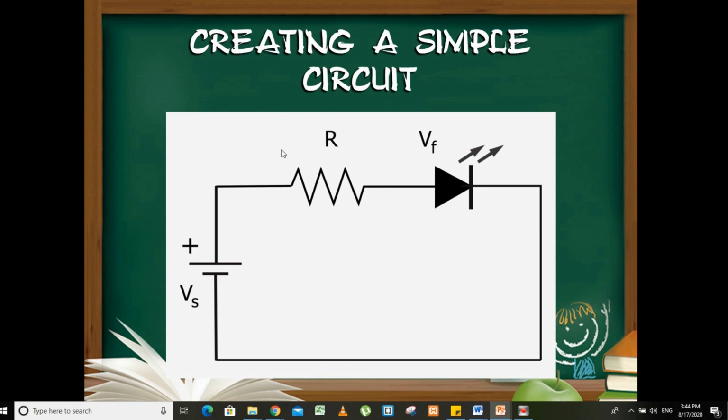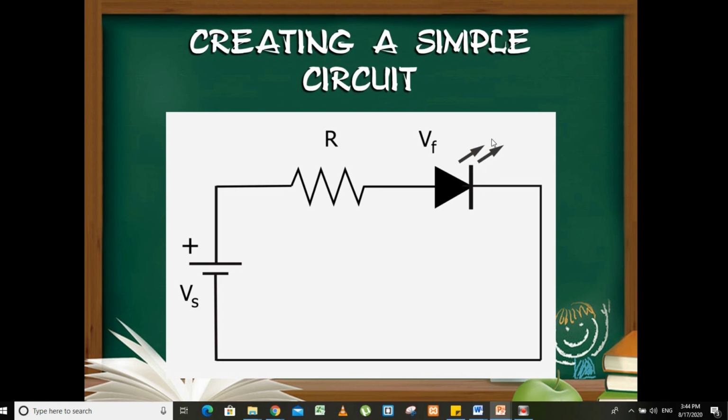Wherever you see this, whether in America, UK, Nigeria, Ghana, and so on, this symbol remains the same. It is a resistor. Likewise, this one here is the symbol of an LED, showing that the light is going out of this place.